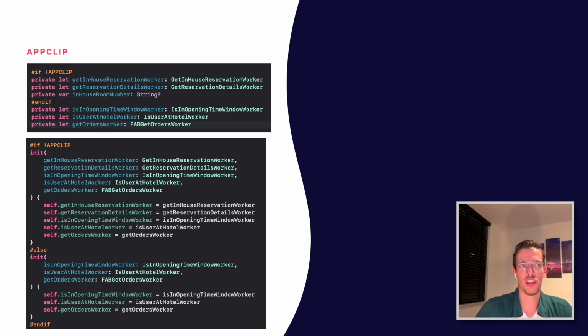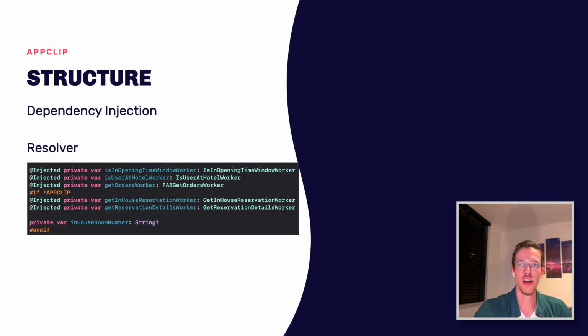So we changed our dependency injection manager from Swinject to Resolver, and with that we could remove this entire chunk of code with the definitions and the initializing, to just using this with the @Injected mark. It's a super convenient method, and with this we could remove the initialization, and it will still be injectable.